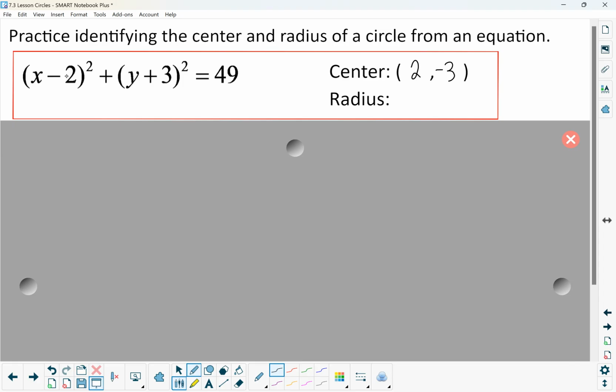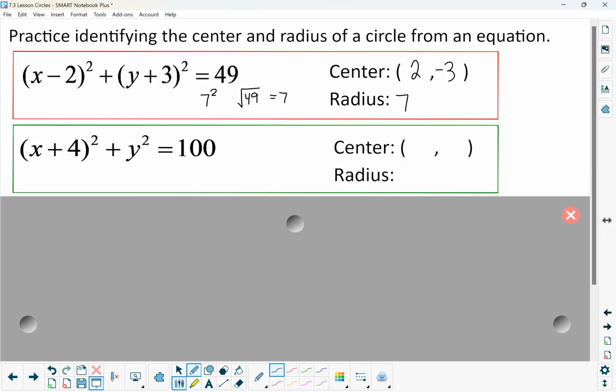When we look at the equation, we see a -2 because it's an x minus 2, so we know the center's x coordinate is 2. We see a y plus 3 in the equation, so we know that the center's y coordinate is -3. And then for the radius, you can think about what number squared gives me 49, or you can do the square root of 49, whichever one works better for your brain. And so we get that the radius is 7.